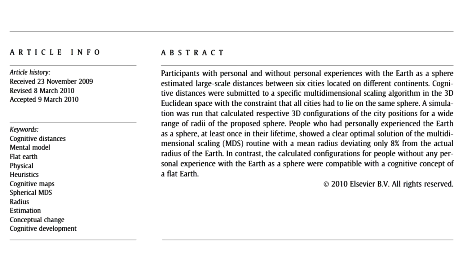None of the participants actually believed the Earth was flat, but they were all split into two groups, one including people who reported having personal experience with Earth being a sphere, and the other group including people who had no such personal experiences.